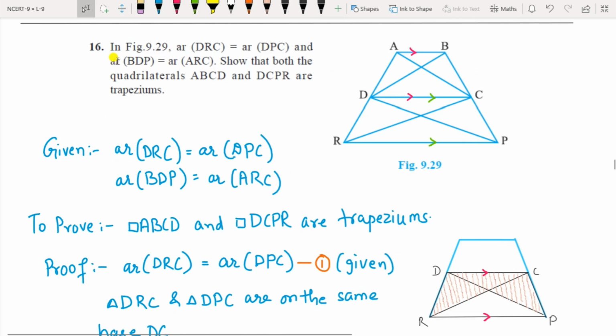Now in question 16, area of DRC is equal to area of DPC, it is been given, and area of BDP is equal to area of ARC, it is given. You have to show that ABCD and DCPR are trapeziums.